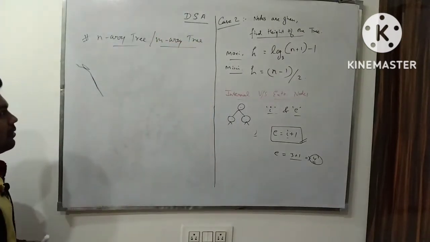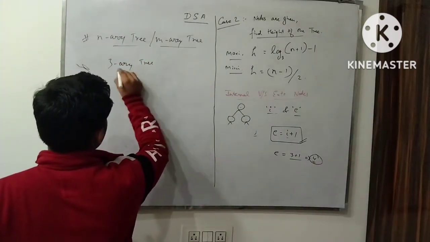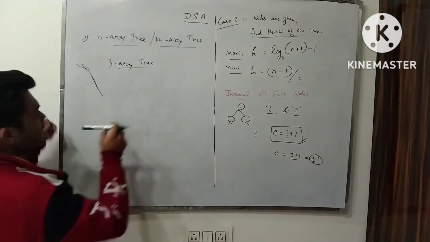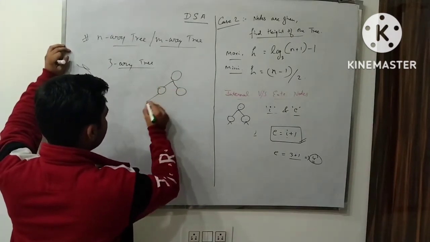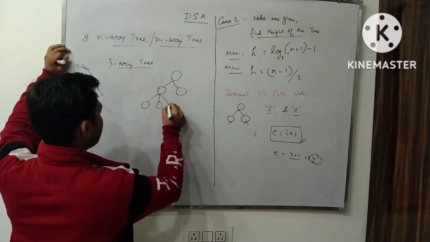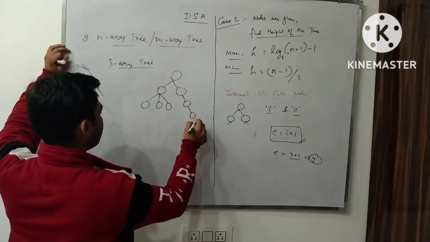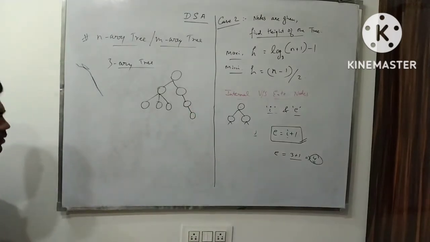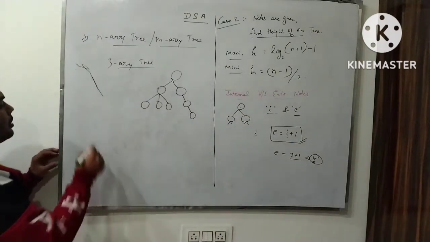If I take the example of a 3 array tree, then how will the tree look? What does the term 3 array tree mean?